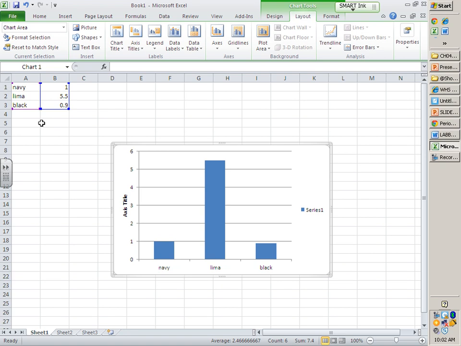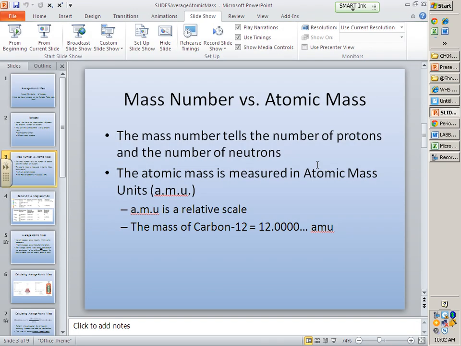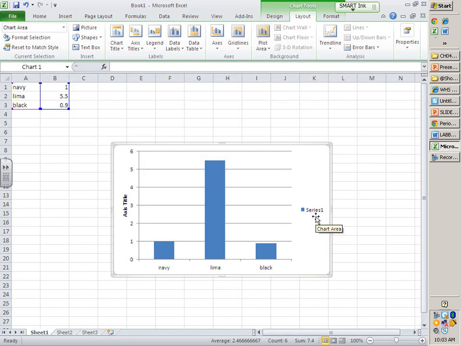That is also what the idea of atomic mass is. Except, not to make your life more difficult, but it does, the one big difference being, we compared everything to navy beans. And what value did we assign to navy beans on that chart? We assigned that to 1. So it's real kind of easy to compare one to the other, right? Because we're just comparing it to this value of 1.